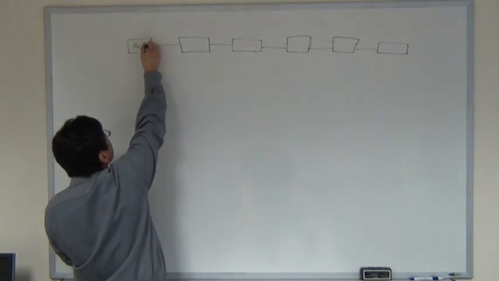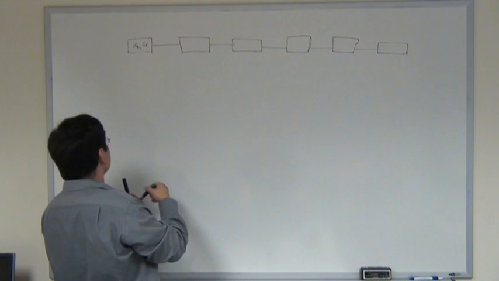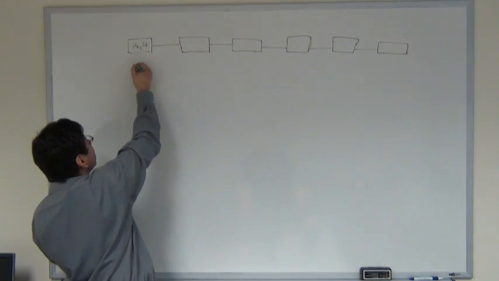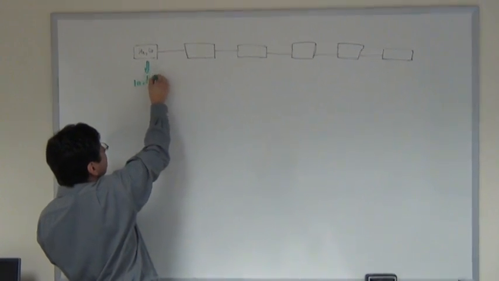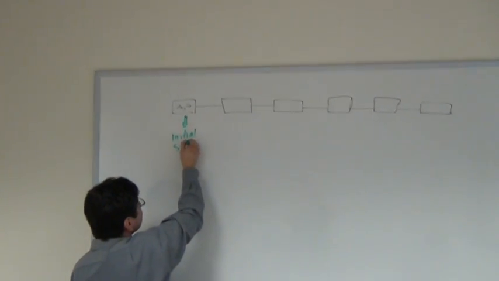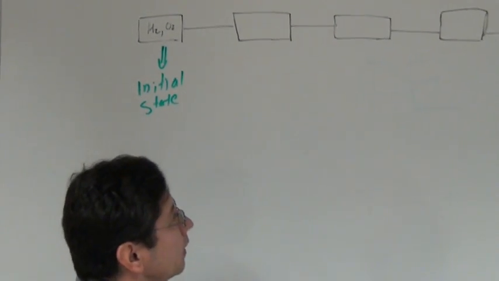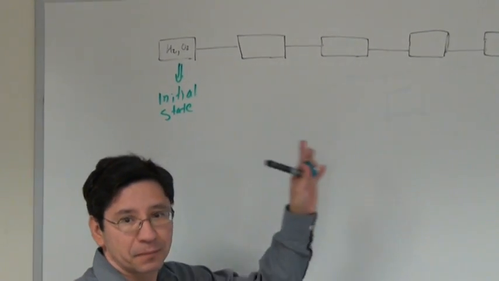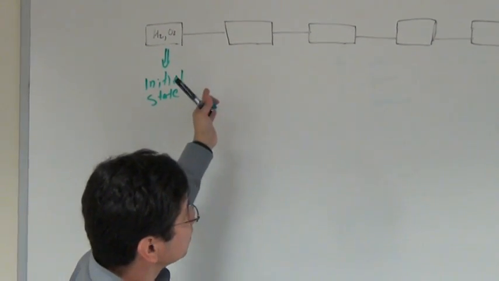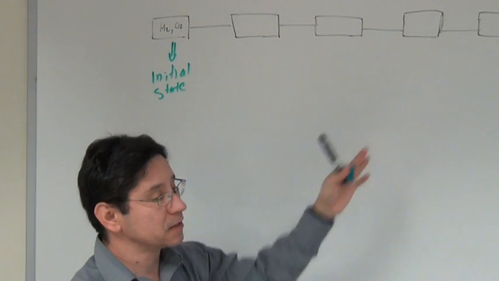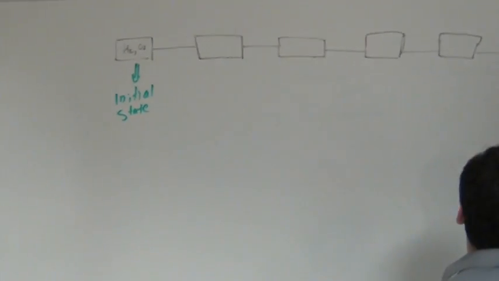For that, we need to identify its initial state. And at some point, after this system passes through a number of steps or processes, we will end up with what we call a final state.